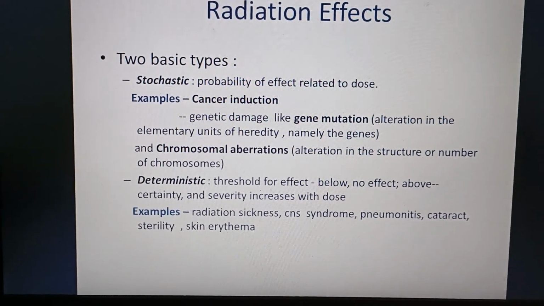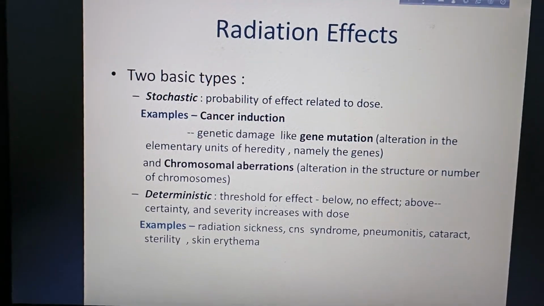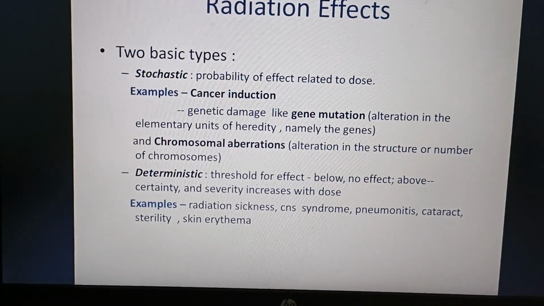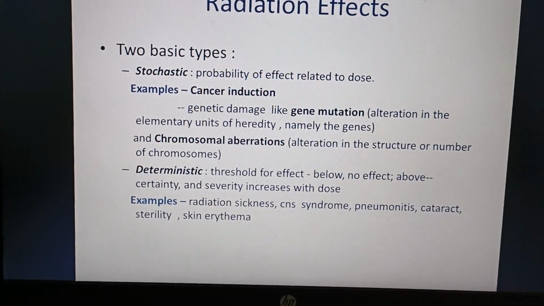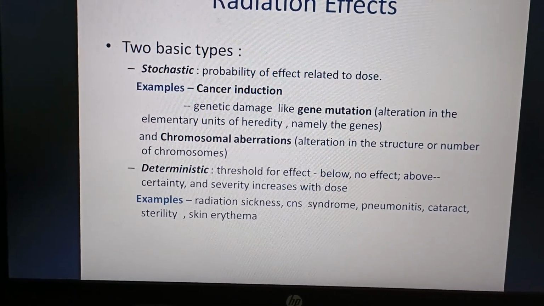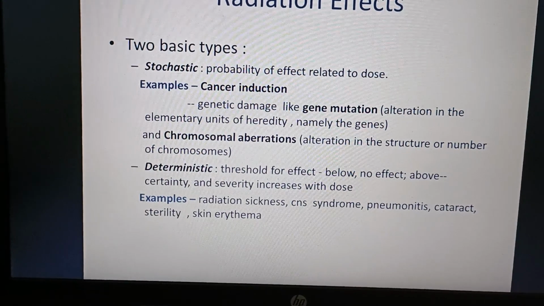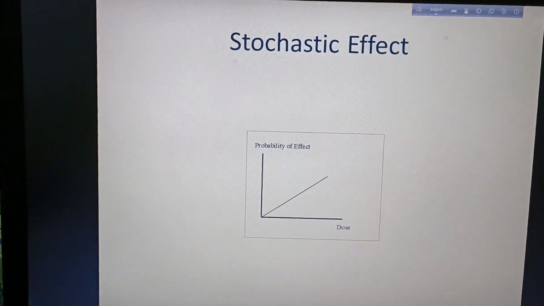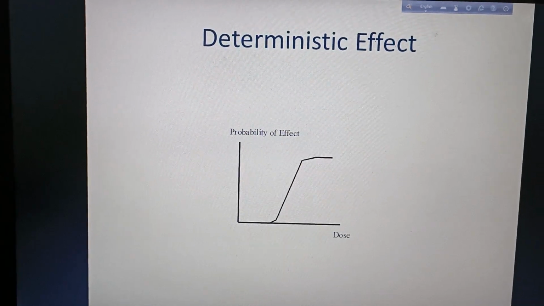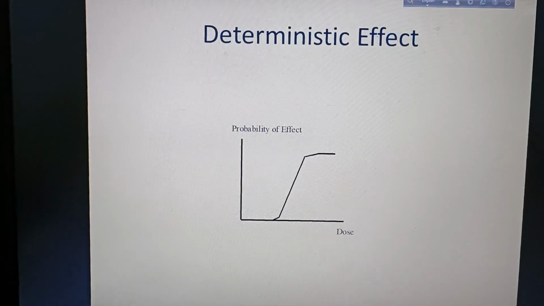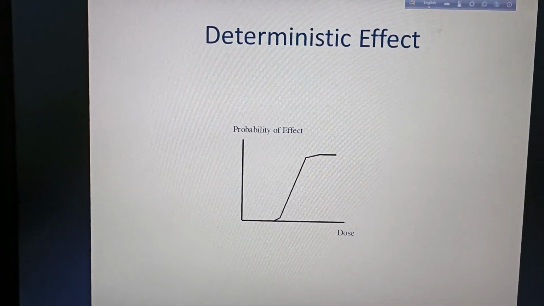There is a threshold value for deterministic effect, and below this threshold value there is no effect, for example radiation sickness, CNS syndrome. And for stochastic effect, like gene mutation. This is the curve of stochastic effect, and this is the curve for deterministic effect, and you have seen that there is some threshold value.